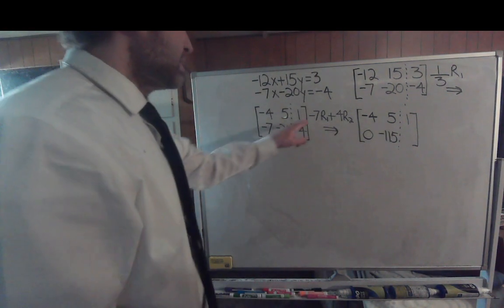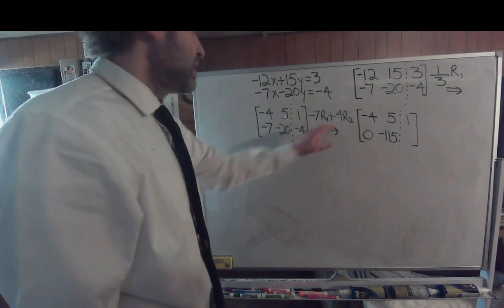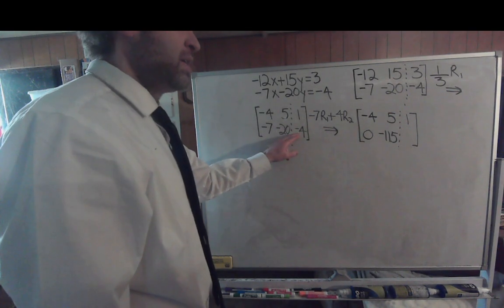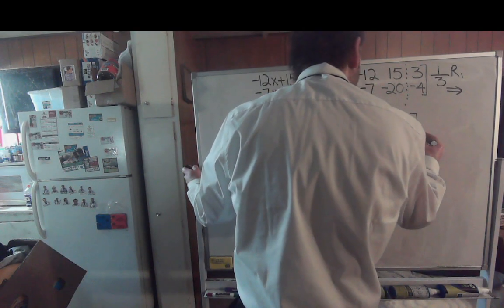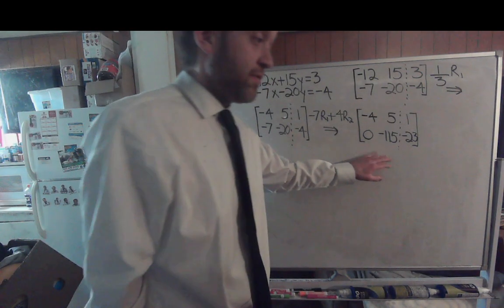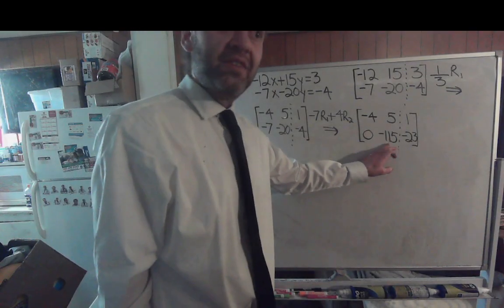Okay, and then negative 7 times 1 is negative 7. 4 times negative 4 is what? Negative 16. So negative 7 minus 16 is going to be negative 23. Alright, well, good start. We have the first digit in row 2 as a 0. But the leading digit's negative 115.